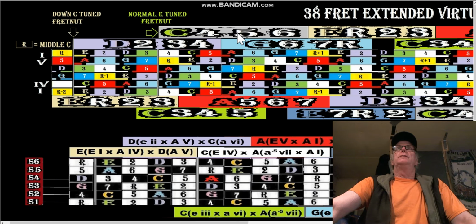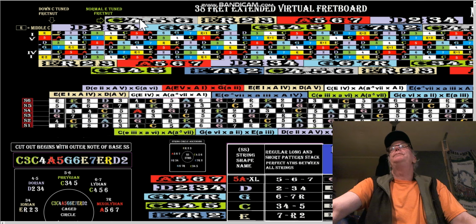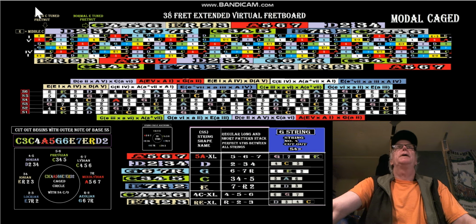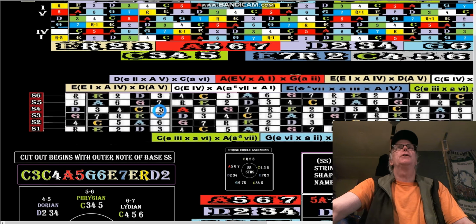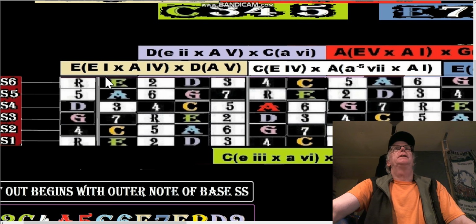So let's zoom out and realize what we got here. 38 fret virtual fretboard modal caged. So if that's what that is, what is this? These are cutouts only. These are long patterned cutouts only.